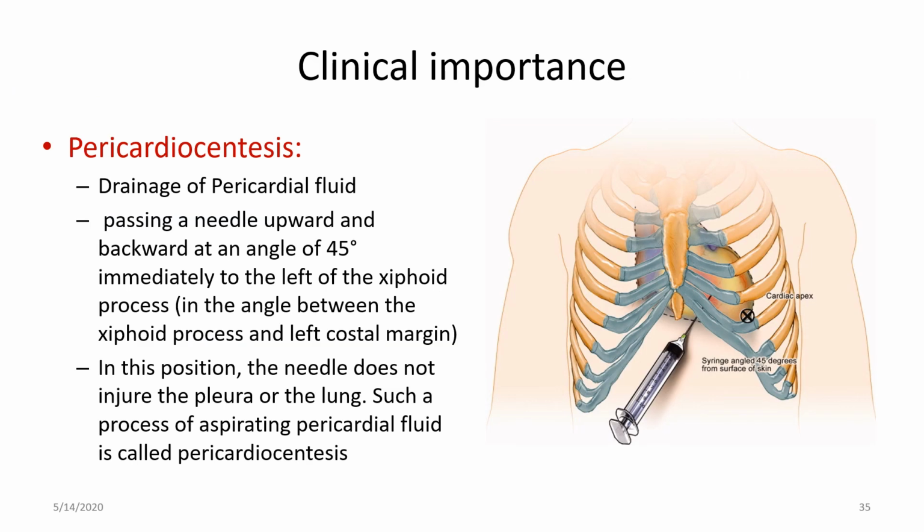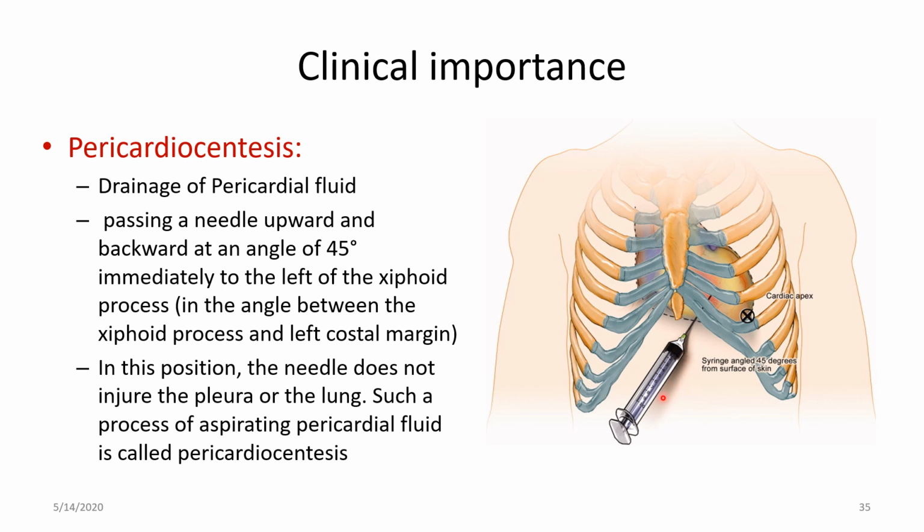Then there is what is known as pericardiocentesis. So if the pericardial fluid is more, it can be drained by passing a needle, and that procedure is known as pericardiocentesis.